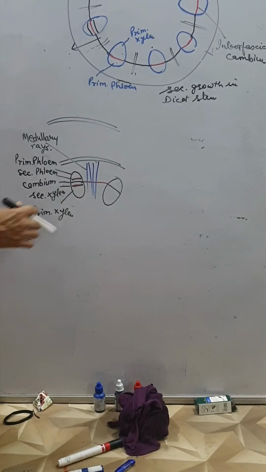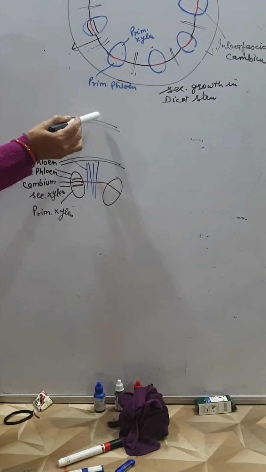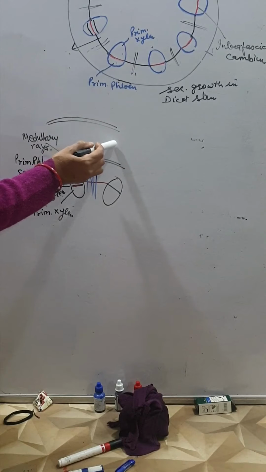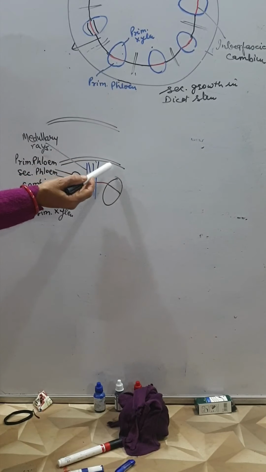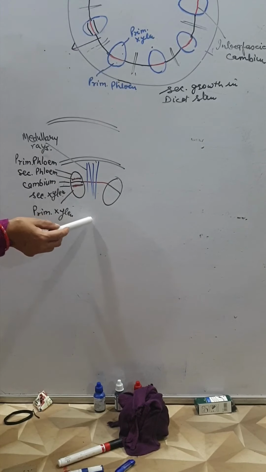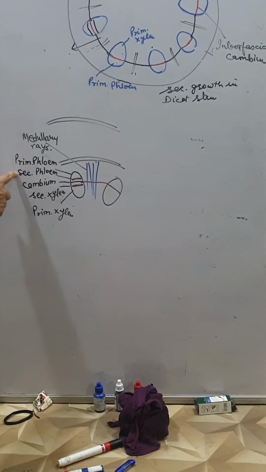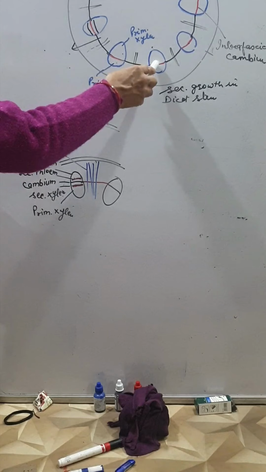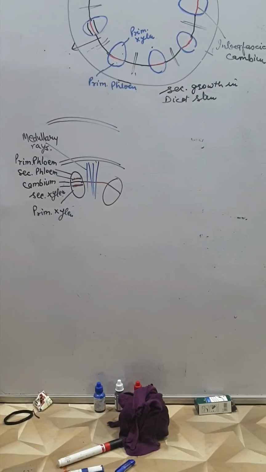The secondary growth is shown here: epidermis, hypodermis, cortex, endodermis, pericycle, medullary rays, primary phloem, secondary phloem, cambium, secondary xylem, primary xylem, and here the pith. The secondary xylem and secondary phloem are formed due to the activity of the vascular cambium.